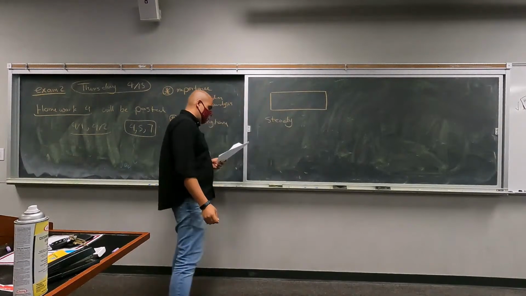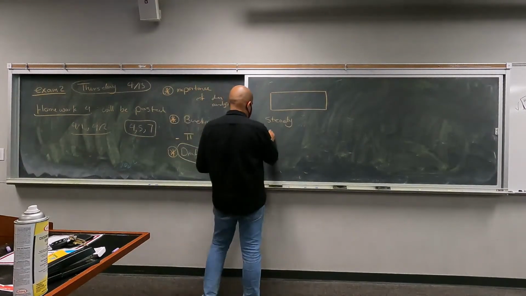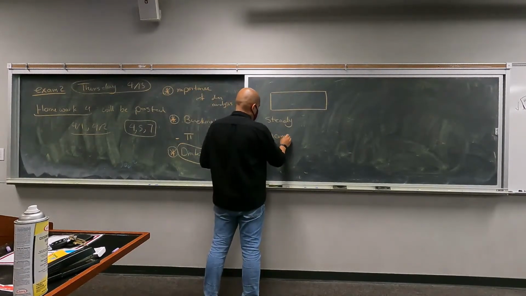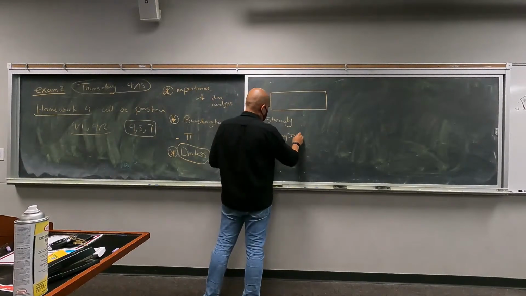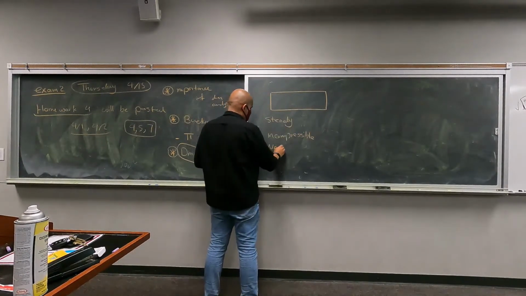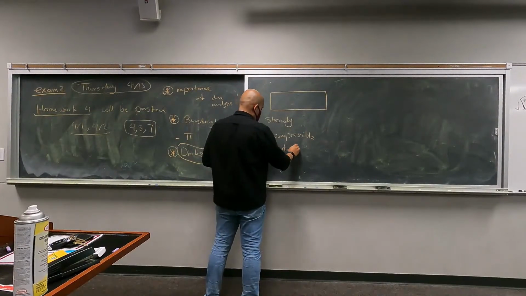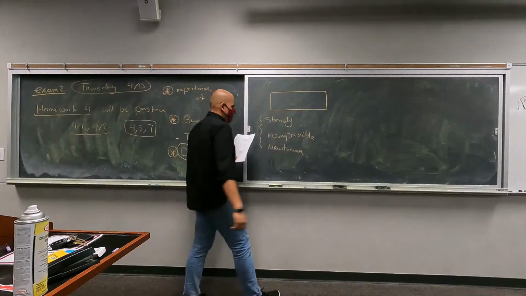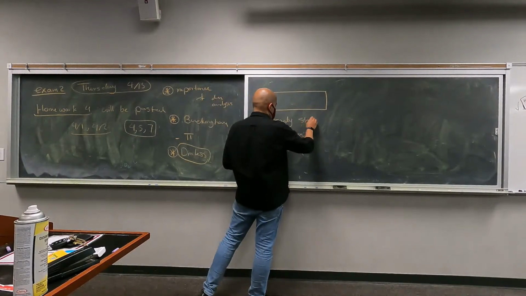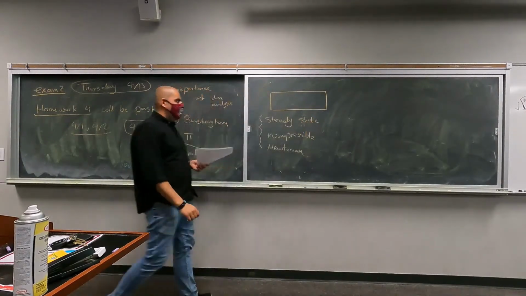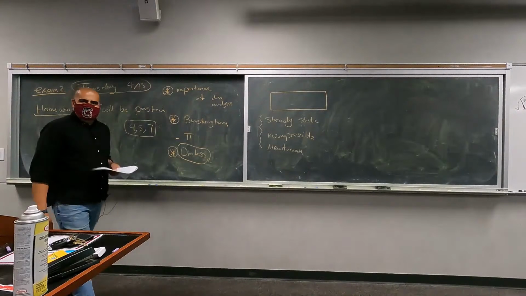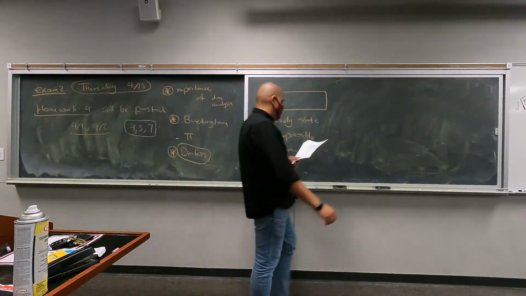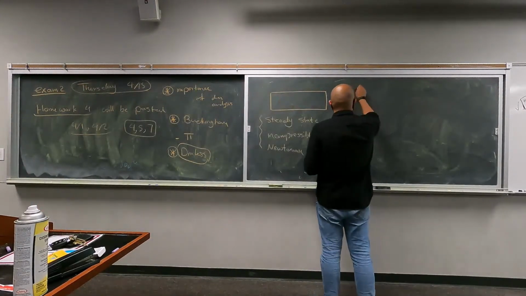Let's assume this is a steady flow, incompressible, Newtonian fluid. Okay. So a steady state, incompressible, and Newtonian. And let's say we want to measure the pressure drop per unit length.